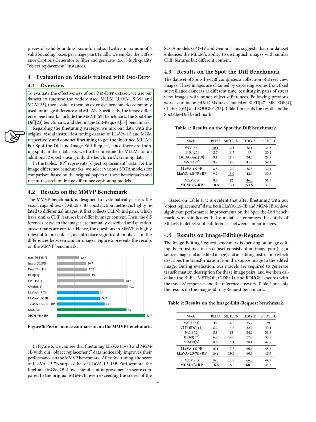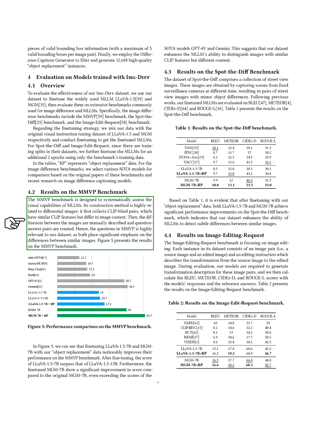For fine-tuning, we combine our data with the original visual instruction tuning datasets of LLAVA 1.5 and MGM, and we conduct additional fine-tuning for 2 epochs using the training data from the benchmarks. In our tables, RP stands for Object Replacement Data. We select several state-of-the-art models for comparison based on the original papers and recent studies on image difference captioning.